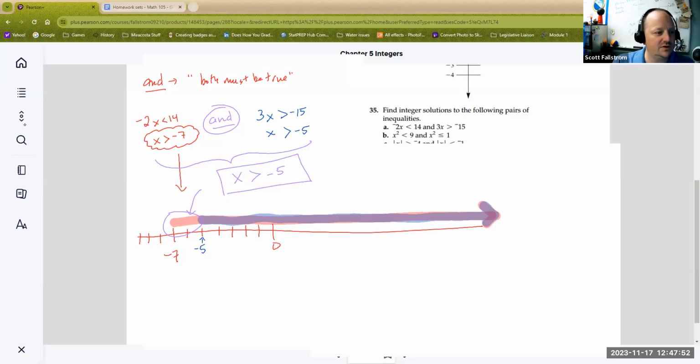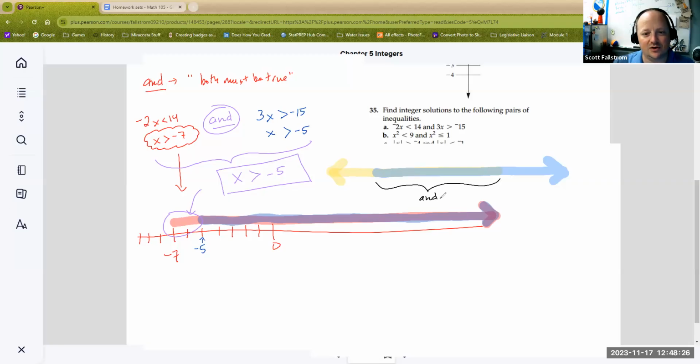So if you were doing this with other questions, just so you're kind of on the same page, you might see one where one group shades this direction and another shades this direction. Now, if you're looking for where is the word and, the and is where do these overlap? Now, yellow and blue make green.